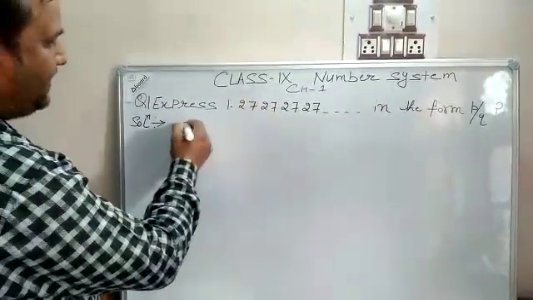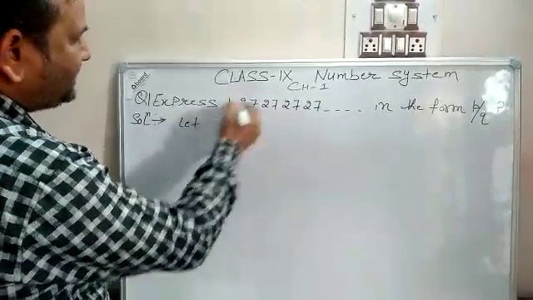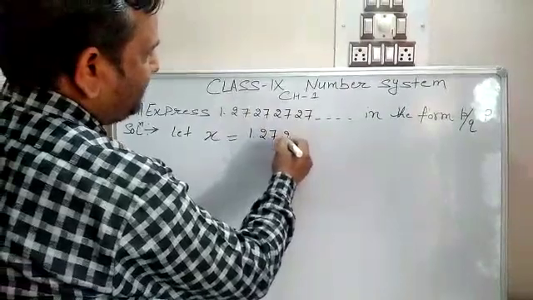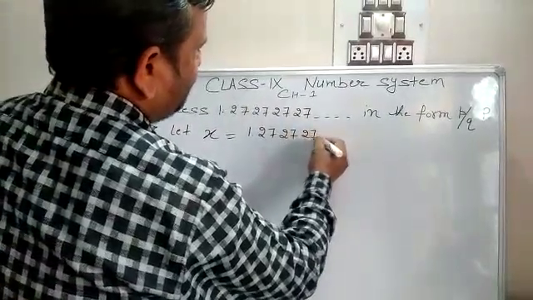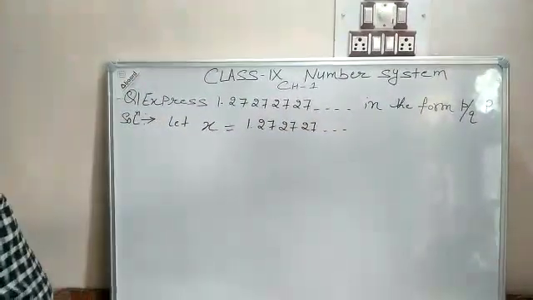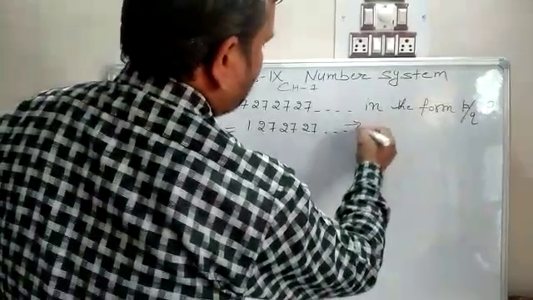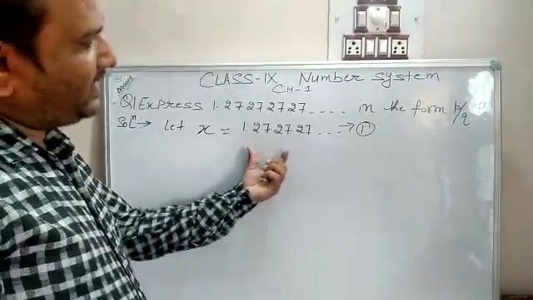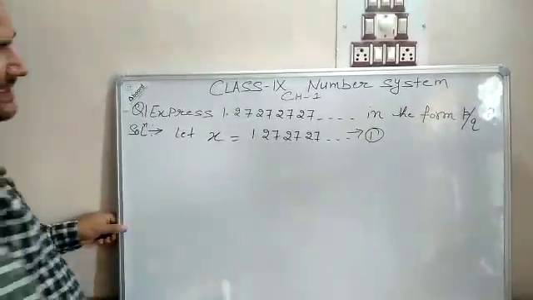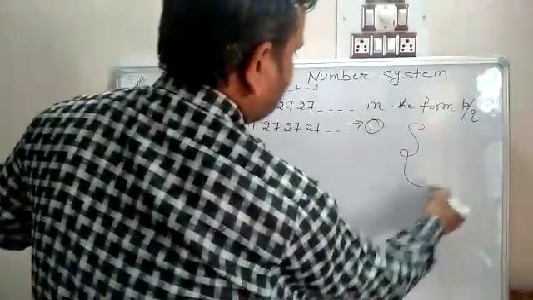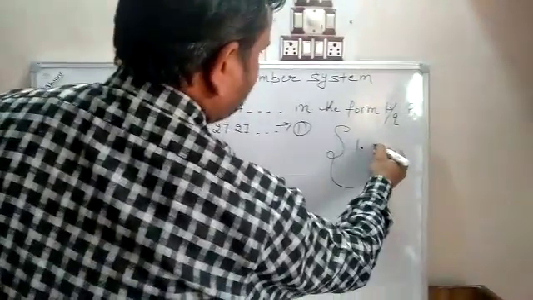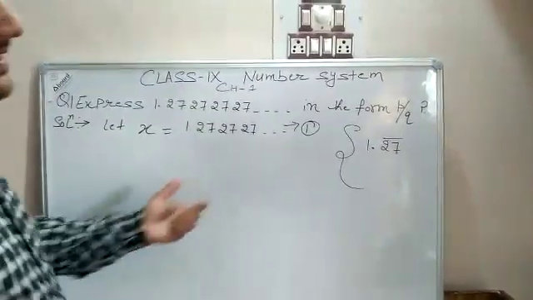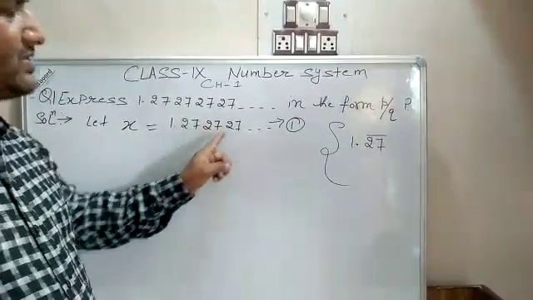First of all, let this number x be equal to 1.272727 and so on. You can call this equation number 1. If you want to understand what kind of number this is, you can see that 27 is a repeating block. It is repeated again and again: 27, 27, 27.